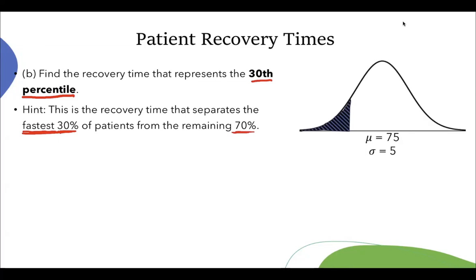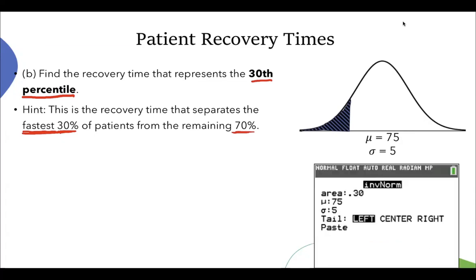Okay, same mean and standard deviation as before. Do your best to shade off the middle, shade the bottom 30% and find the score by entering 0.30, 75, 5, and left into your calculator. So when we paste that, we're going to get 72.38 days.